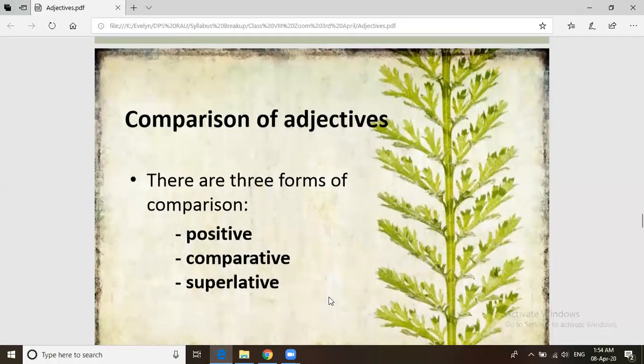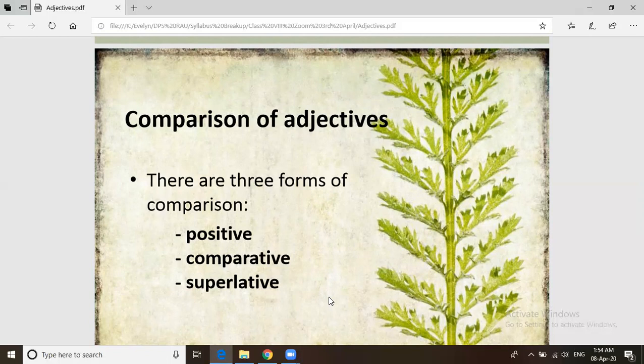Now, there are degrees of comparison in adjectives, and we all know about them, but we'll just have a quick brush up of these. There are 3 degrees of comparison. The positive is when we are just talking about the quality of one thing.